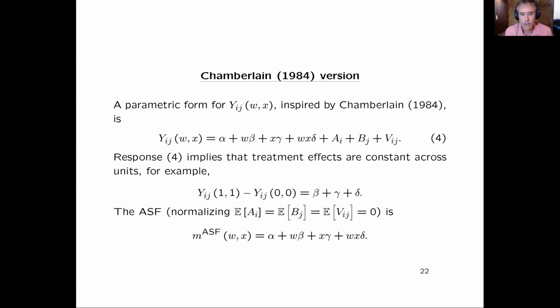This has a homogeneous treatment effect type implication. So, for example, that complementarity effect I mentioned earlier would just correspond to delta. And the average structural function would just correspond to the linear regression function in this setting.